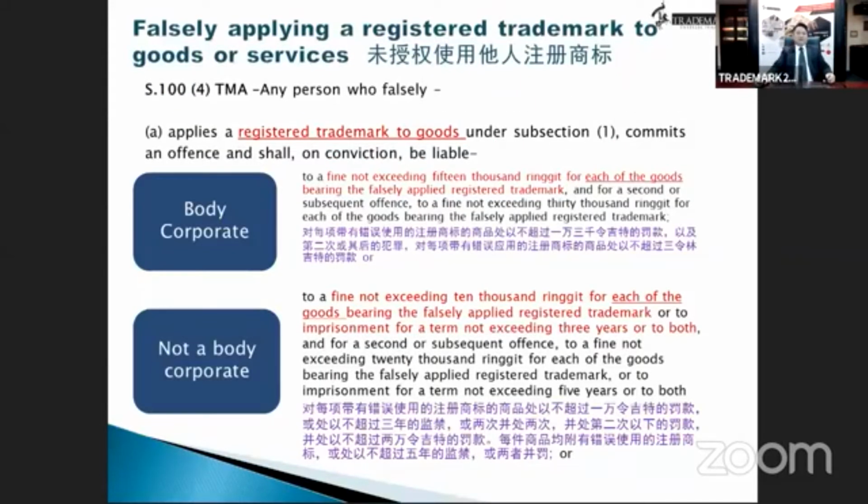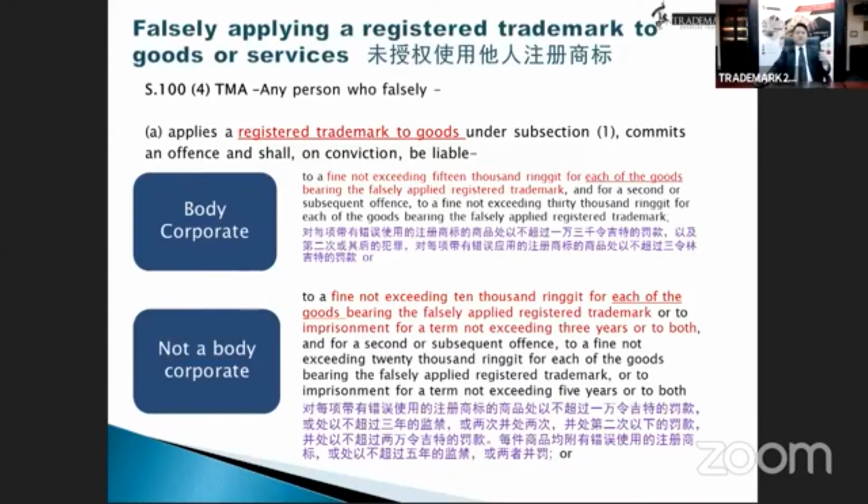So how much is it? For a body corporate like a company, a fine not exceeding 15,000 for each item of goods bearing the falsely applied registered trademark. And that is the first offense.